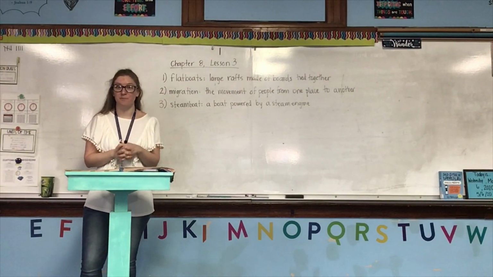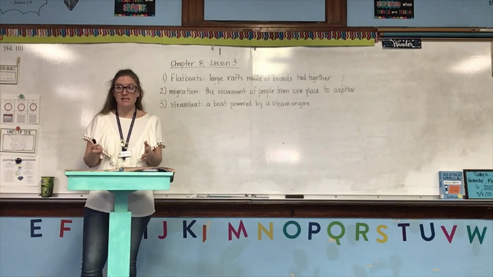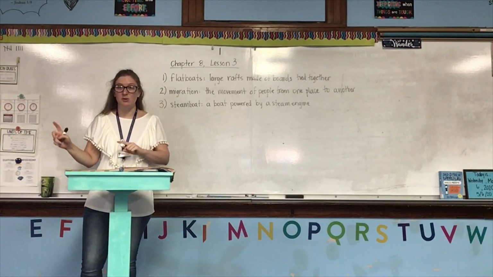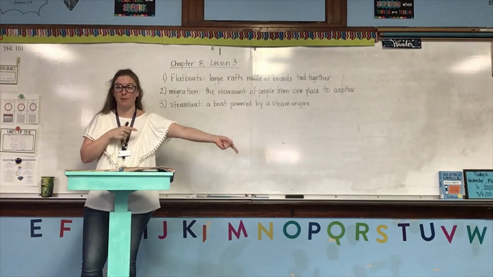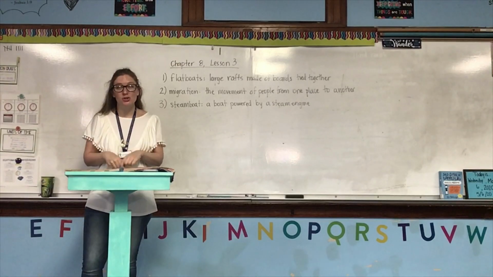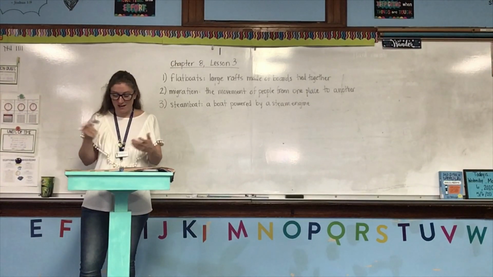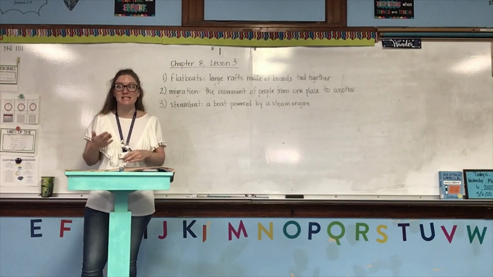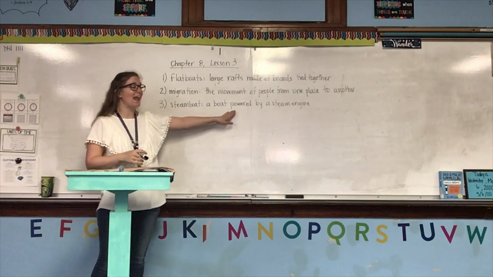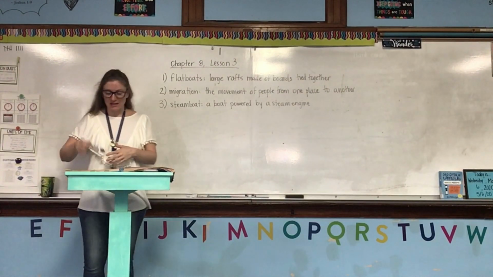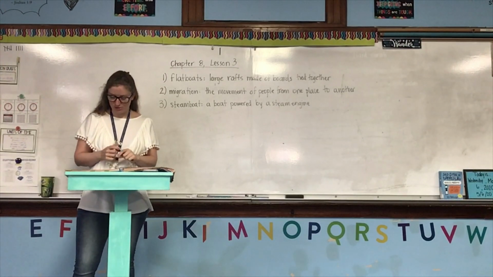Problem and solution. Well, the problem was that the flatboats could only go one way and you couldn't travel back up the river by boat. So the solution was that Robert Fulton and others that he worked with developed a steamboat which had an engine. An engine meant that it was able to travel in both directions.